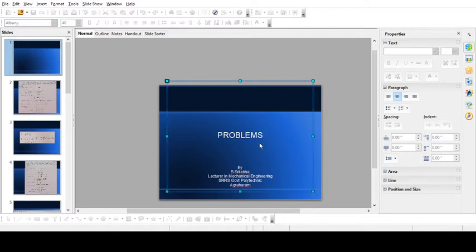Calculate values of Poisson's ratio, Young's modulus, shear modulus and bulk modulus.